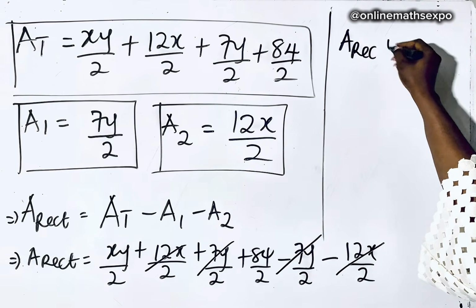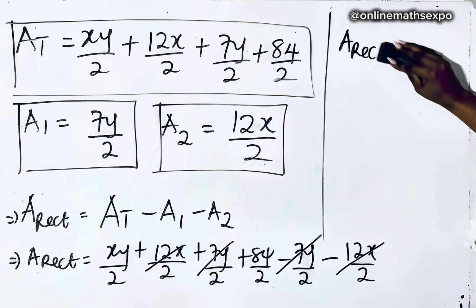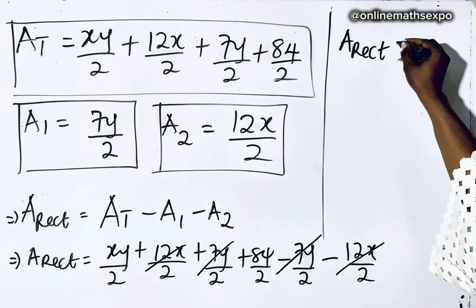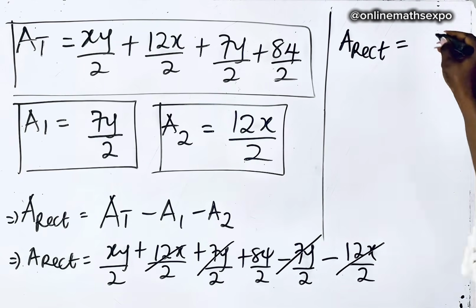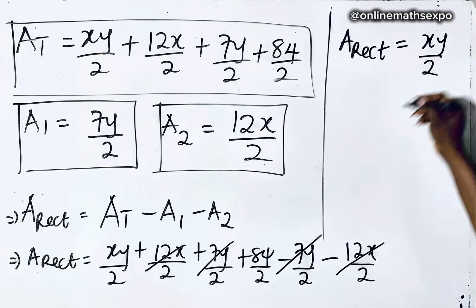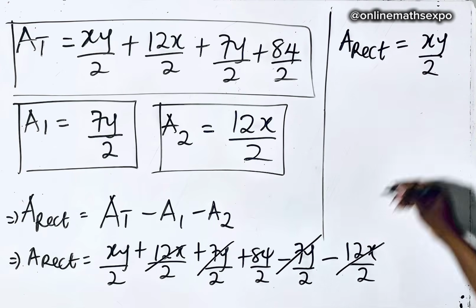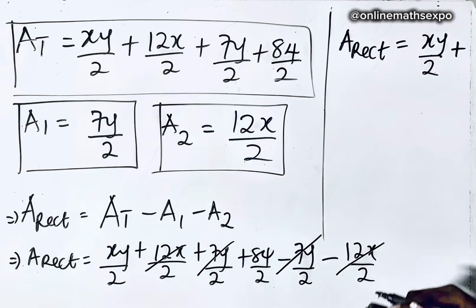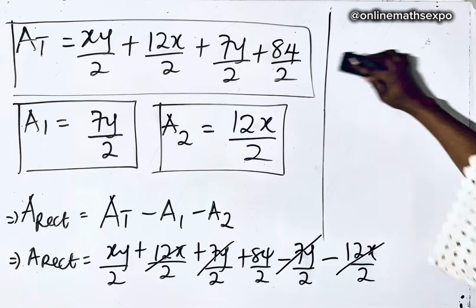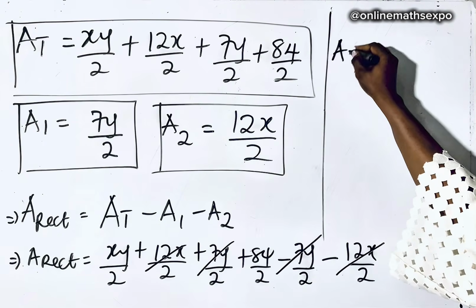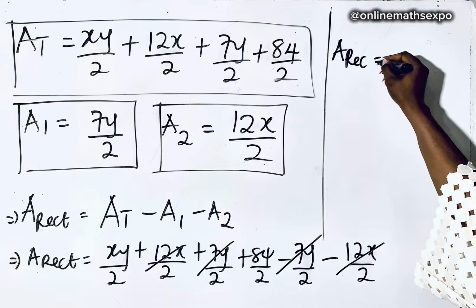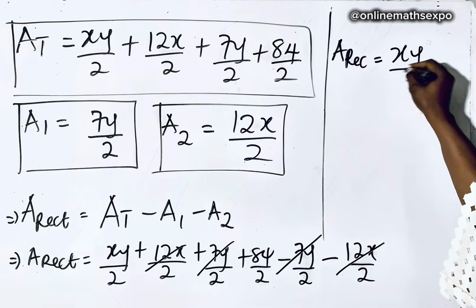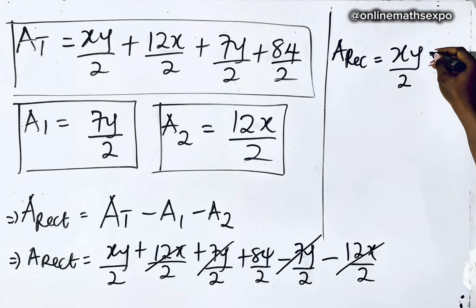The area of the rectangle is going to give us xy over 2 plus 84 over 2. So what should we do?